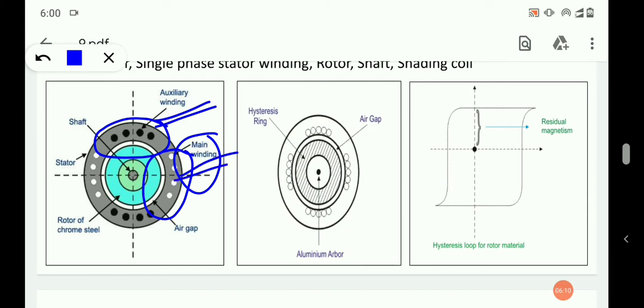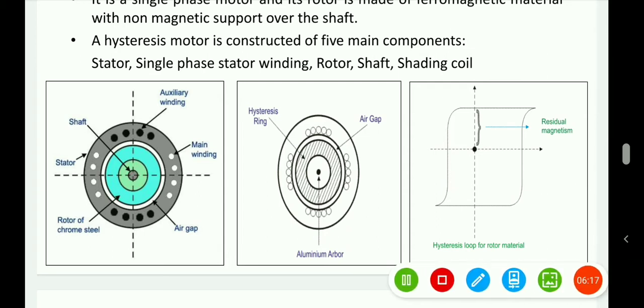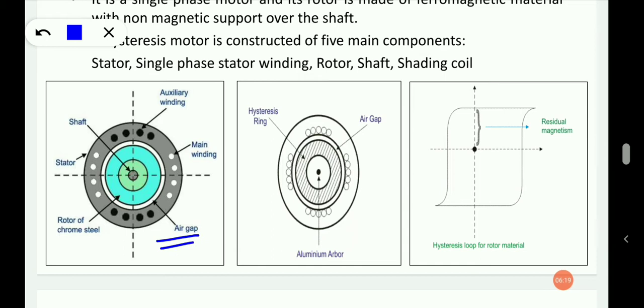Two type of winding is there in stator, and air gap is also mentioned, that is gap between stator and rotor. So this is about construction of this hysteresis motor.